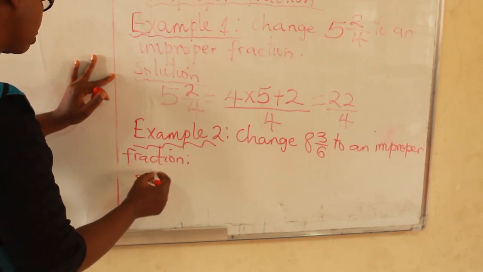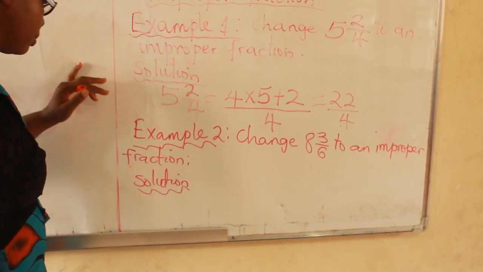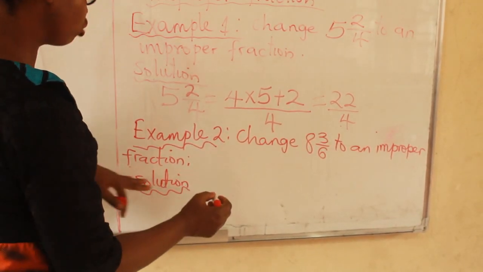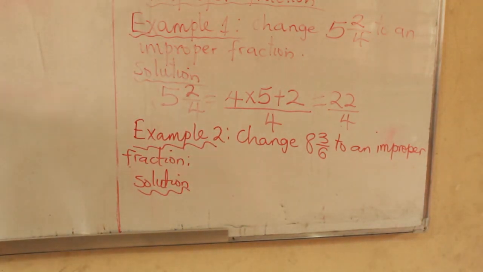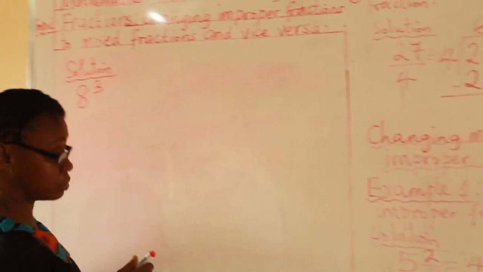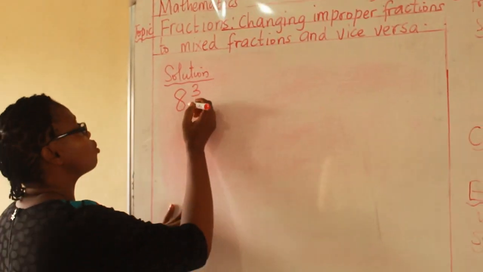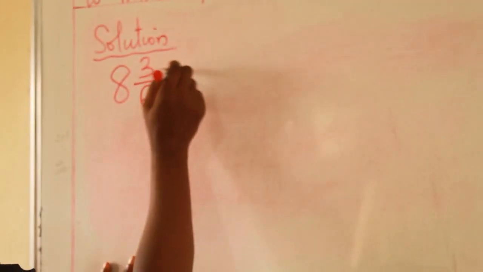So we take the solution. We are going to be moving the solution over to the other side of the board. And so we have 8 whole number 3 all over 6.